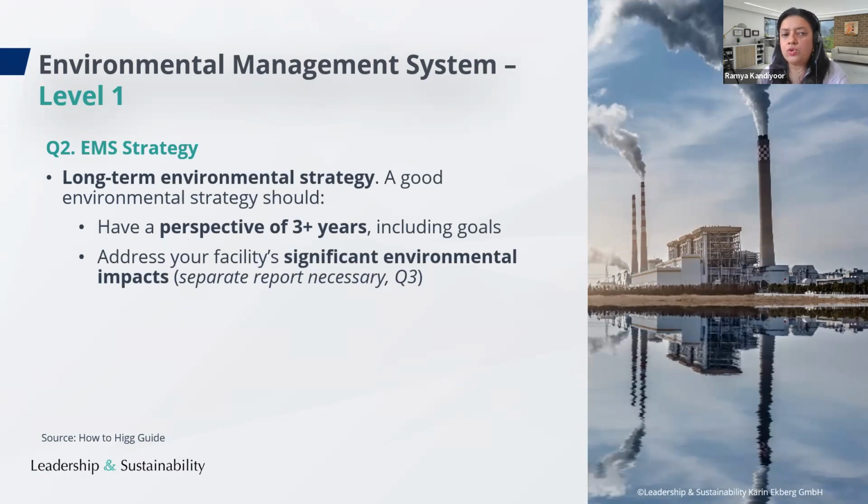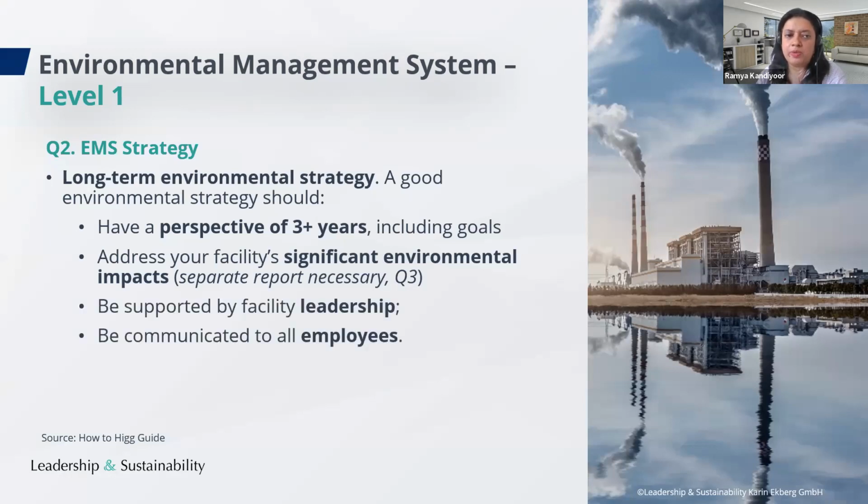It should address your facility's significant environmental impacts. And a separate question is there, which is question number 3 on your aspects and impacts. But basically your strategy should also be looking into what are the main aspects and impacts that are there because of your manufacturing activities, and how you are addressing this is what should be looked into.